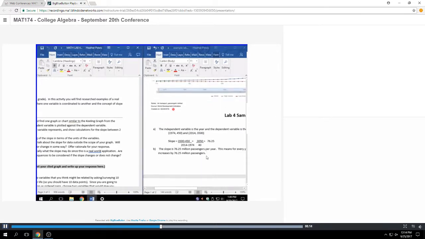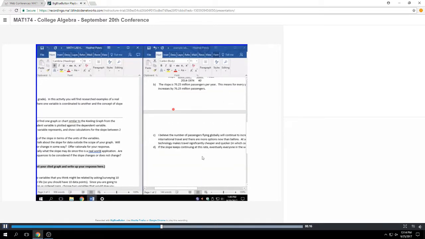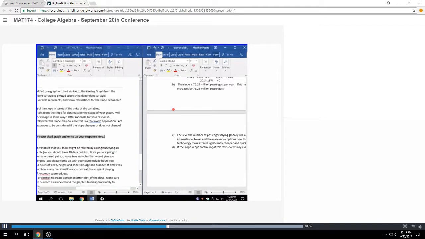What would that mean? If the slope keeps continuing at this rate, eventually everyone in the world will travel globally. So a lot of times it won't make sense. If it continues to grow, there's no way it could continue to grow because of certain factors or restrictions. So just mention that in part D. So that's the first question.